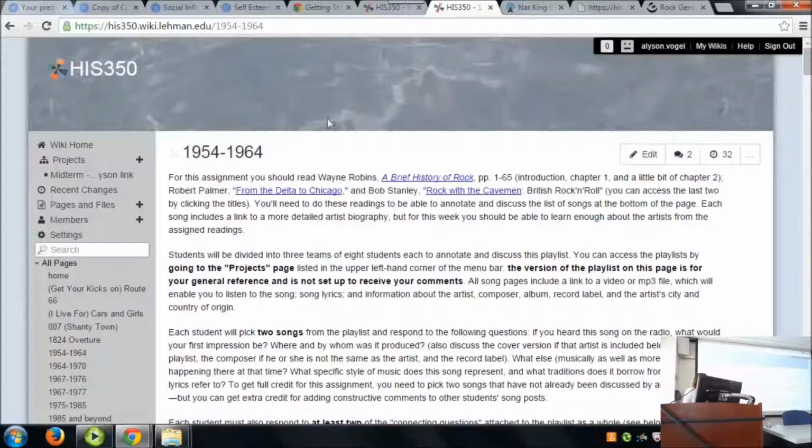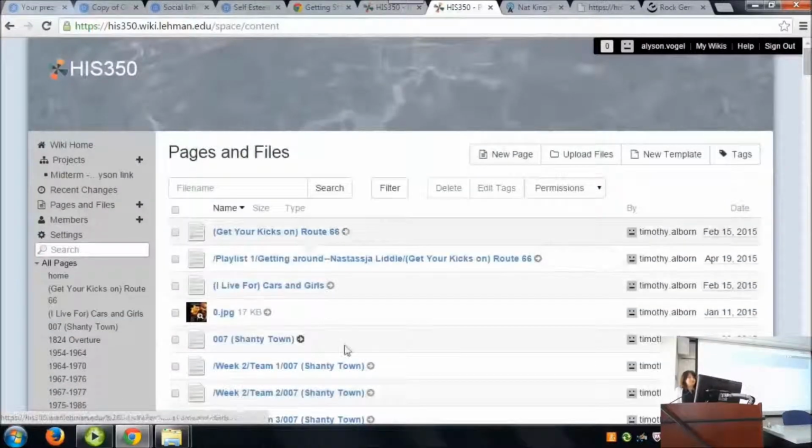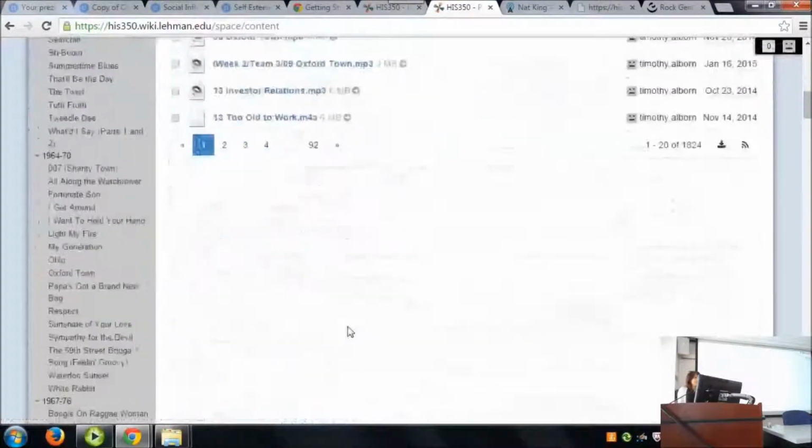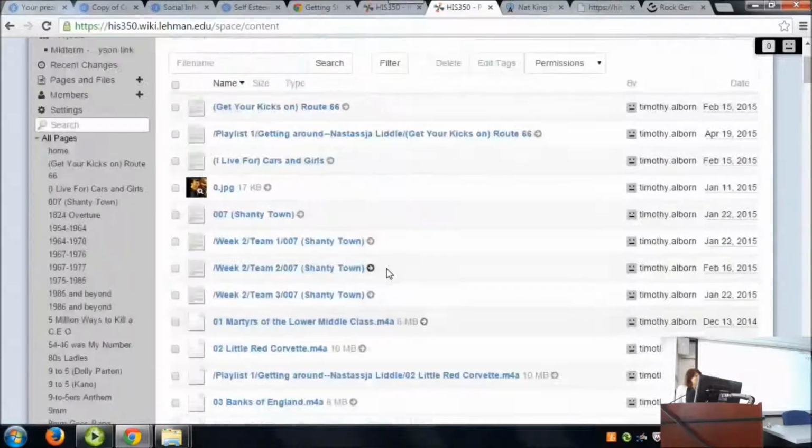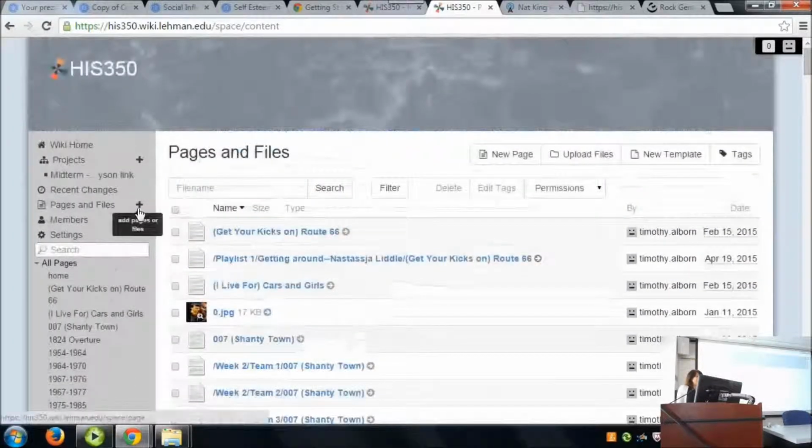So it was really done in such a way that he did it from dates, so it was date order. Then you have pages and files that he was able to add all of these pages for all of the work, all of the music. So Wikispaces has also loaded all the MP4s that he's done. And again, everything is just click the plus button.